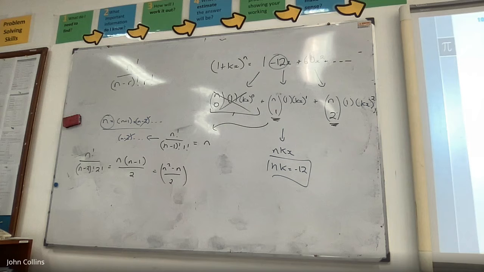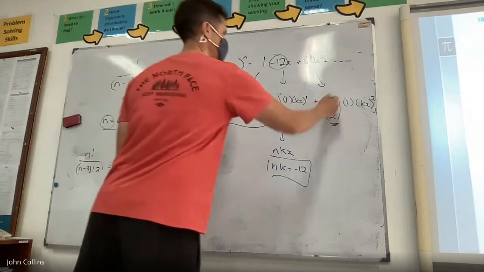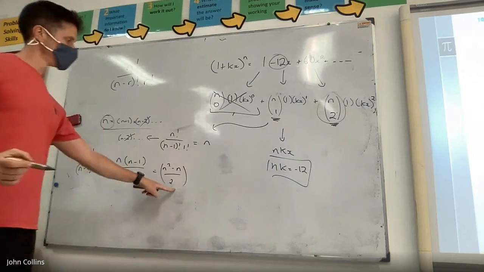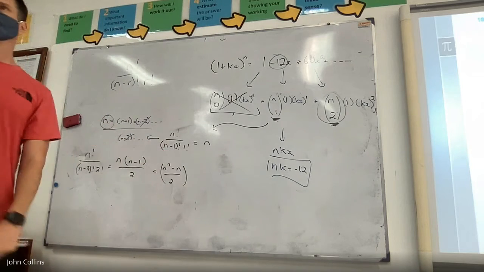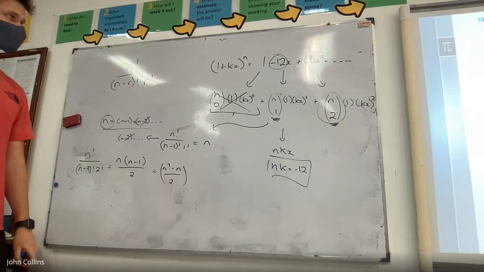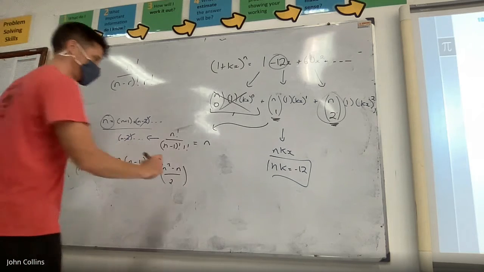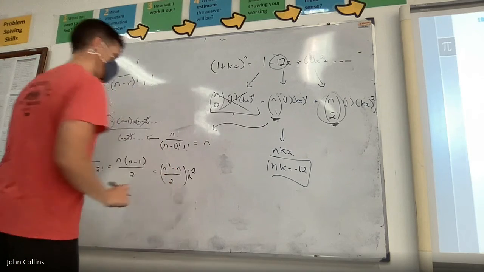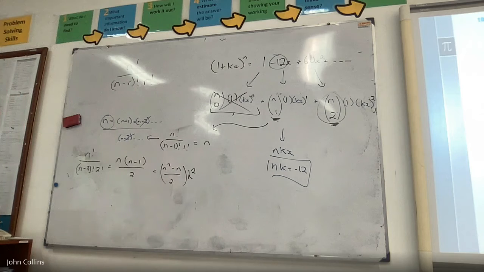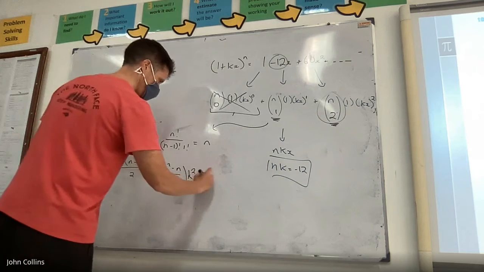That is going to be times by what? By 1 and by... So I can replace that. That's that. Times 1 times k squared or k? K squared, yeah. K squared, was that equal? 60.